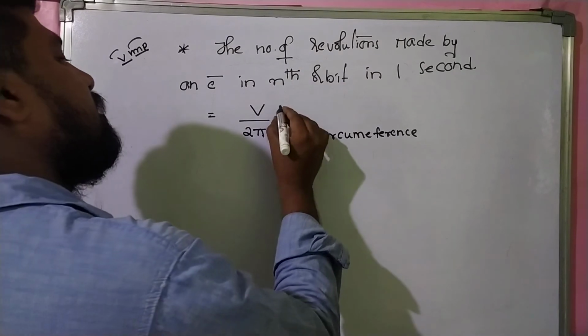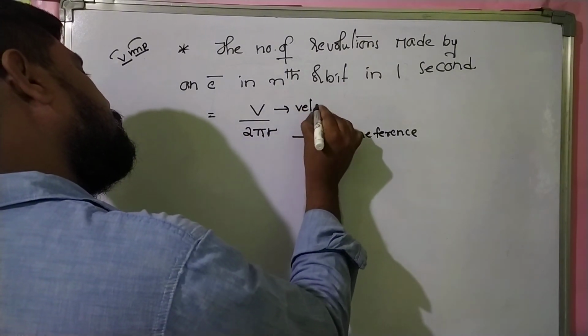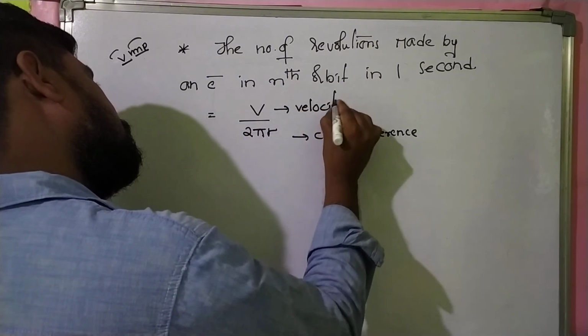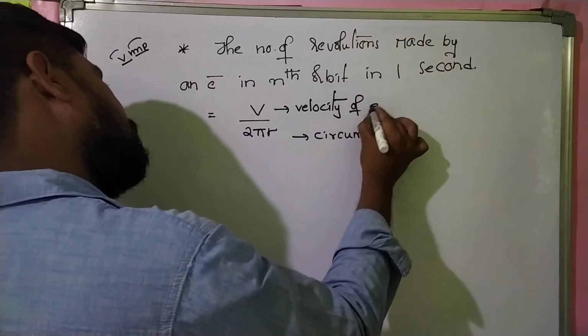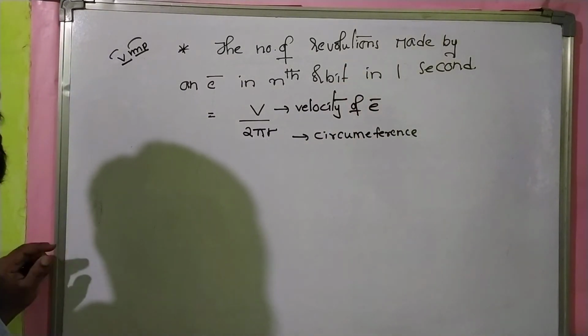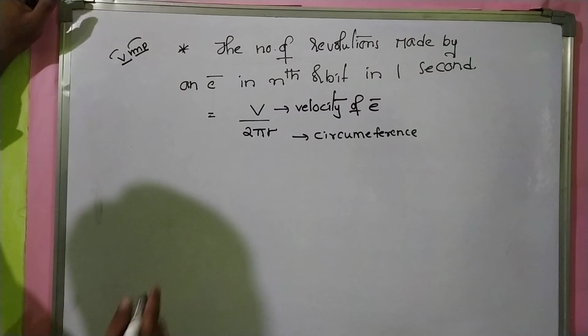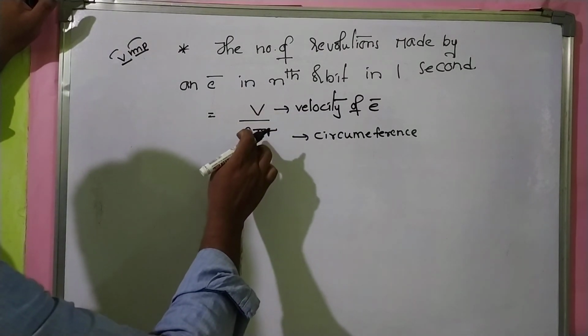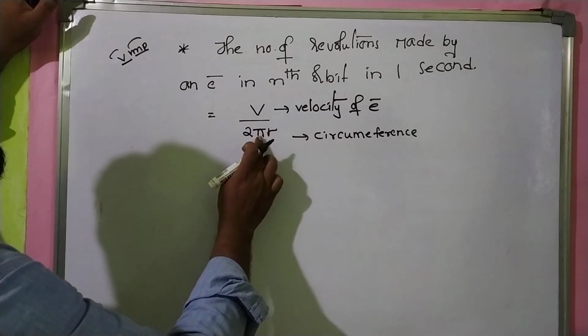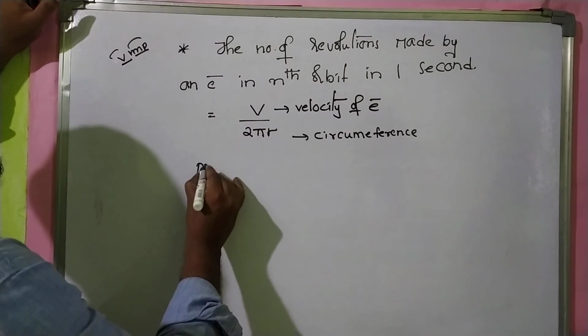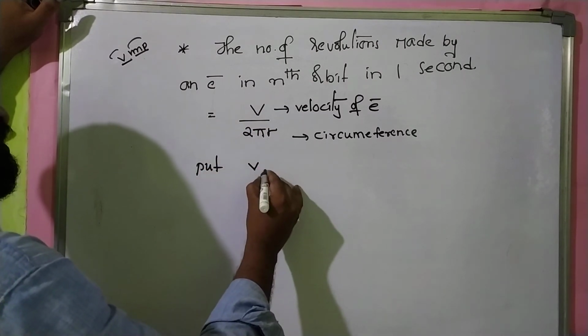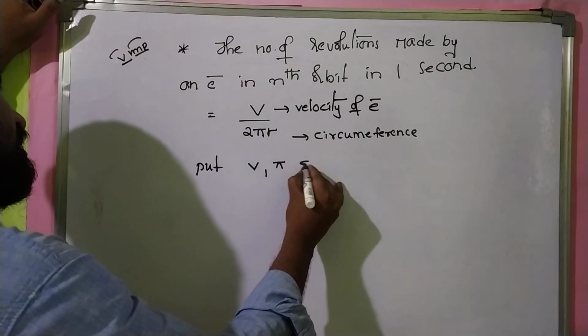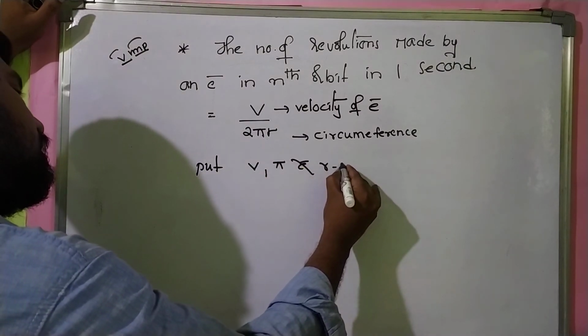So this is for the velocity of the electron. Now put the velocity, pi value and r value, put v, pi and r values.